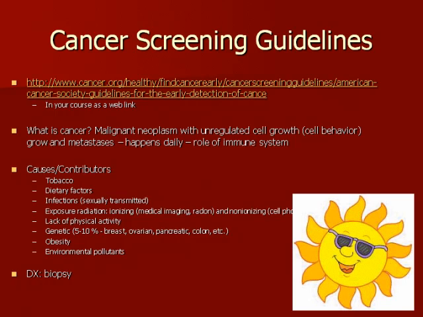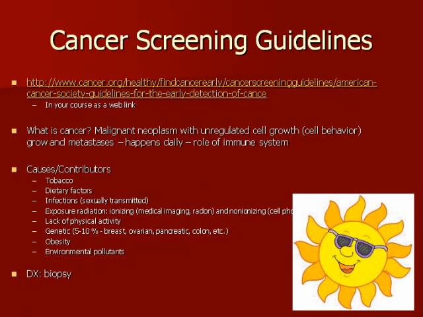Sometimes infections, and this can be a gross infection of the body or a specific infection, as in HPV, can cause genital cancer. Exposure to radiation, and this is non-ionizing and ionizing. Lack of physical activity. Nobody's quite sure why sitting on the couch makes you more likely to have cells that behave in that certain way, but they do.